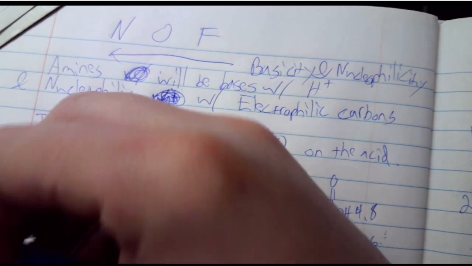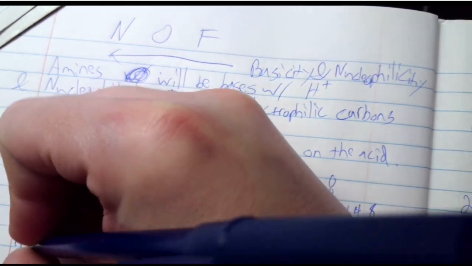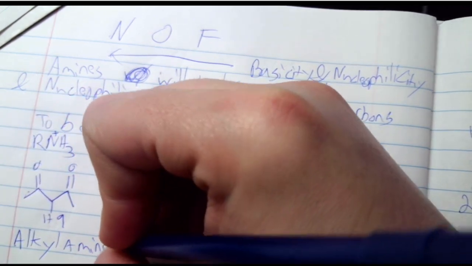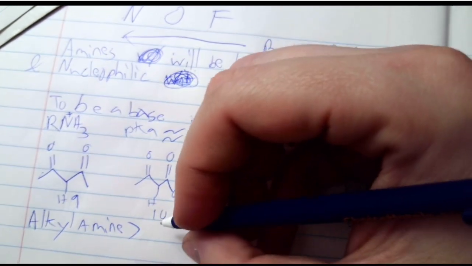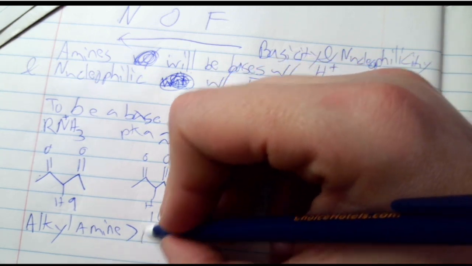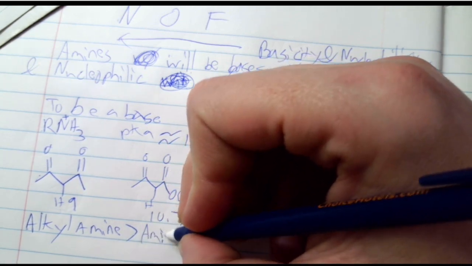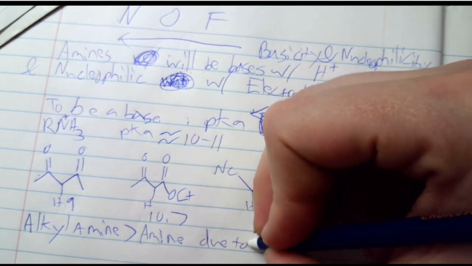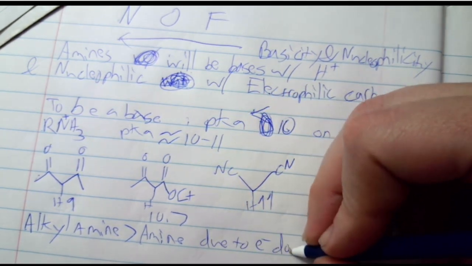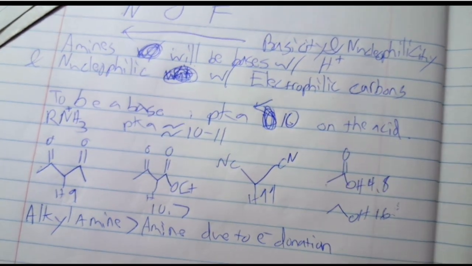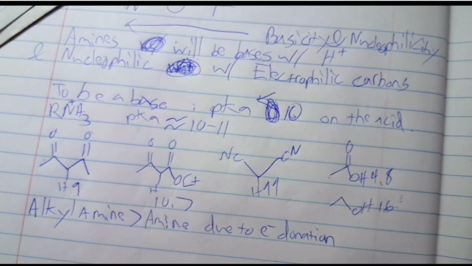So in terms of alkylamines, they're going to be more basic than a normal amine due to electron donating. So a secondary or tertiary amine will be more basic than a primary amine.